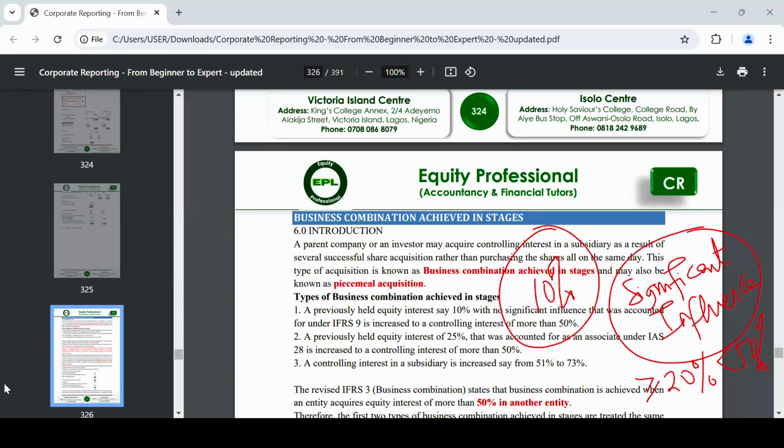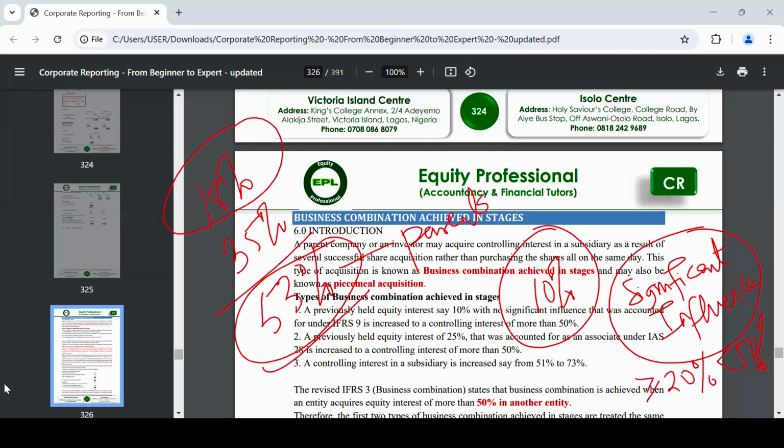Let's say, for instance, a company owned 18%, and at a date, they were able to buy an additional 35%. When I add this together, I get 53%. Now, 53% means they have now crossed the 50% mark, and now the relationship has changed.